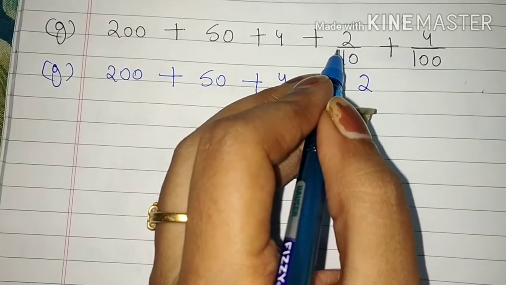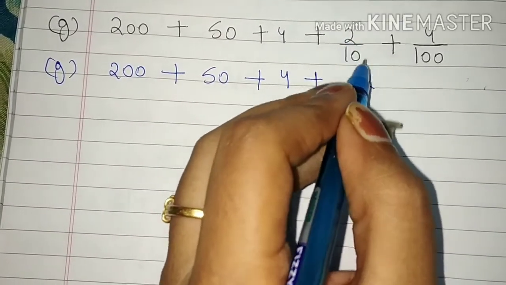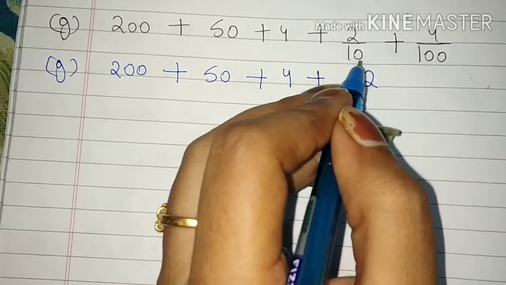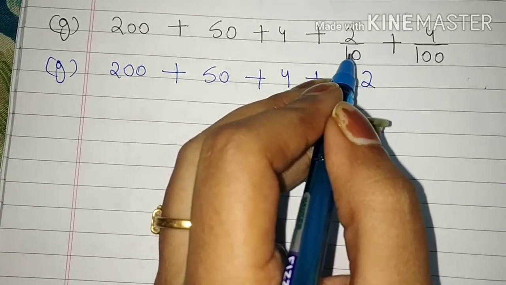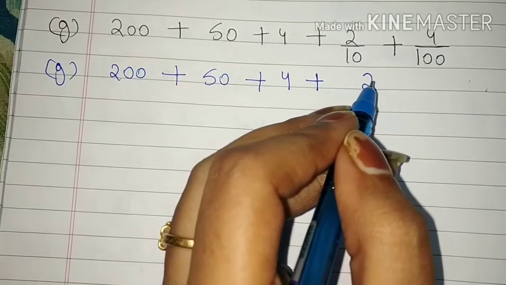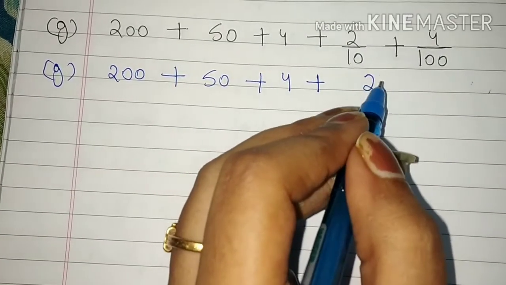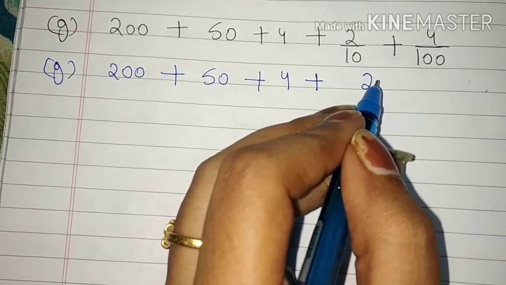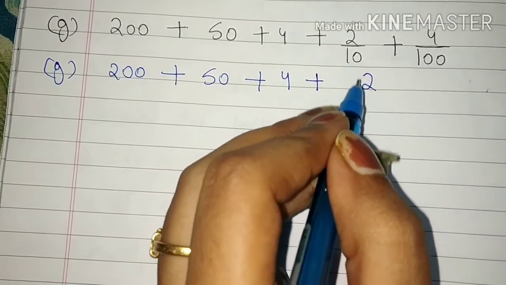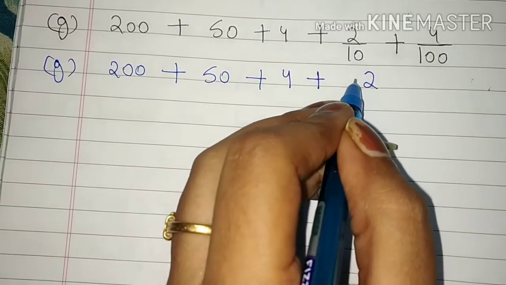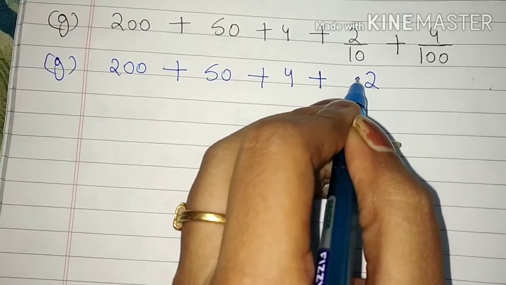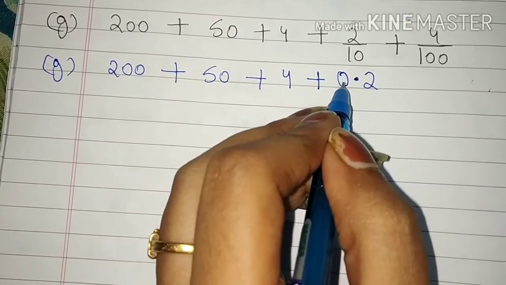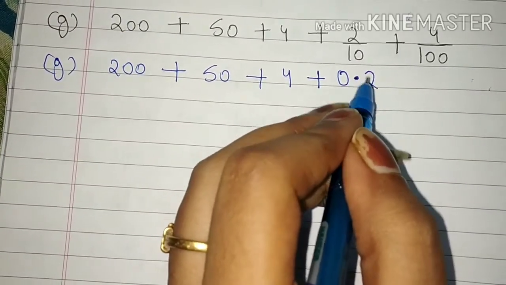And after that, we will count the number of 0 in the denominator. Students, you can see here 0 is written 1 time. So now we will come to the numerator, that is 2 here, and starting from the right side, we will leave one number. We will leave this number and then put a decimal point here. After that, we will write 0. So students, this is 0.2.